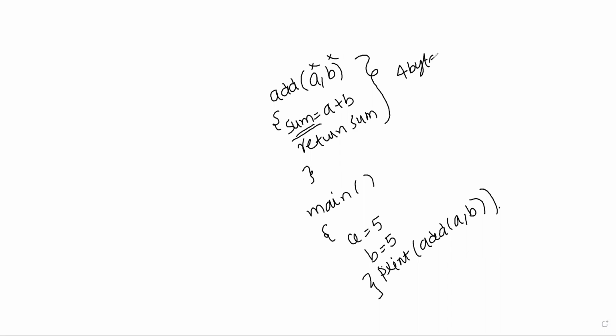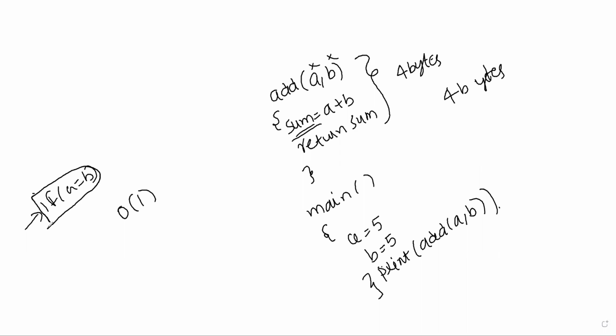So what is the space being utilized? This is just 4 bytes, which we call a constant, right? Even in runtime complexity, whenever we say if A is equal to B, what is the time complexity of this statement?